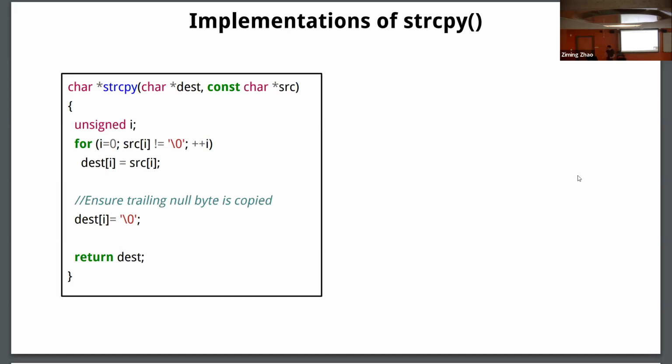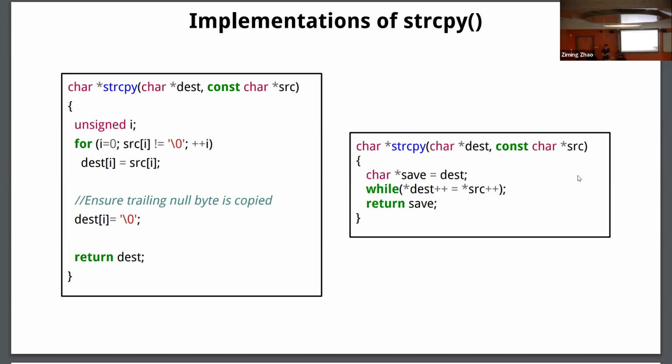Of course, a shorter implementation can be like this, only 3 lines of C code, but it's equivalent. If you write this code, the generated binary code will be a little bit shorter, but the functionality is the same.